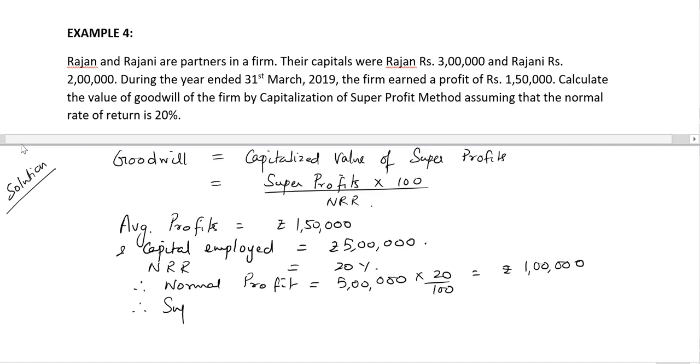So we get the super profit by taking the average profit, which is 1,50,000 minus the normal profit, which is rupees 1 lakh.